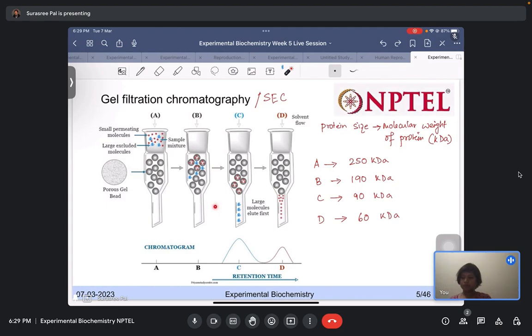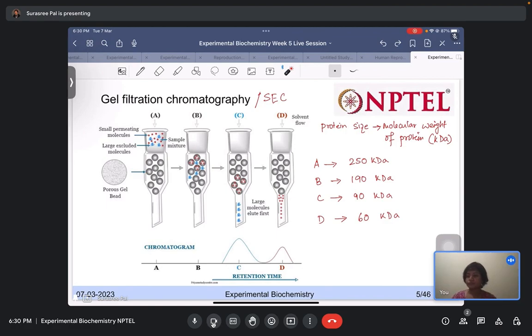Now these porous gel beads have particular pore sizes which have a cutoff. The importance of this cutoff is that these pore sizes will determine which range of proteins can be resolved in this particular gel filtration column.